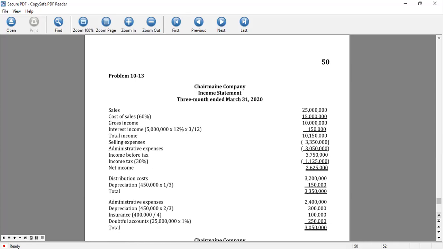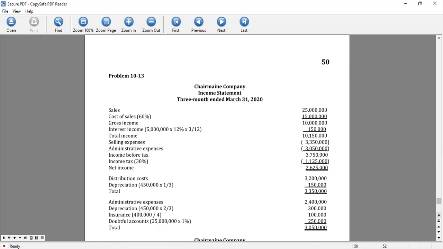While on the credit side, we have accounts payable, share capital, share premium, and retained earnings with a balance of 9.5 million. Then the amount of sales here is 25 million, and we have purchases of 17 million, distribution cost of 3.2 million, and administrative expense of 2.4 million.